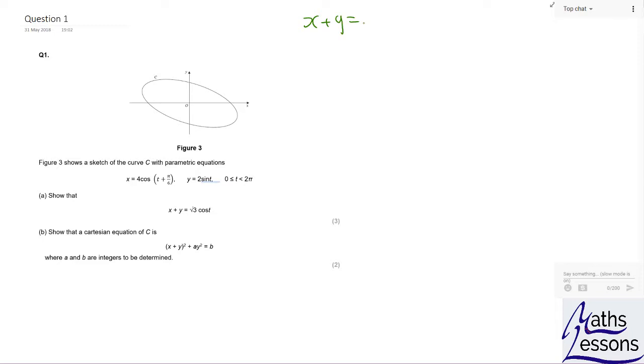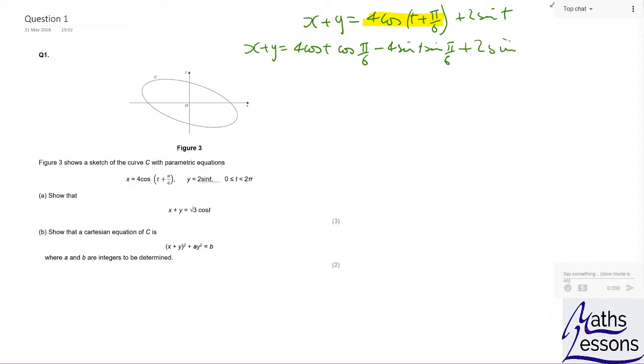So x plus y from the original is going to be 4 cos of t plus pi by 6, plus 2 sine t. Actually, I'm going to give myself more space because I'm now going to expand this bit here and see what I get from that. So I'm going to get 4 cos t cos pi by 6 minus 4 sine t sine pi by 6 plus 2 sine t.